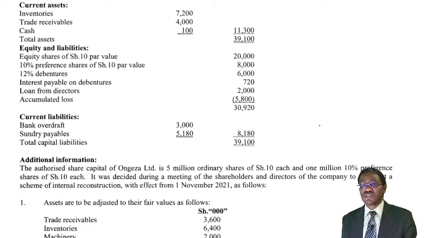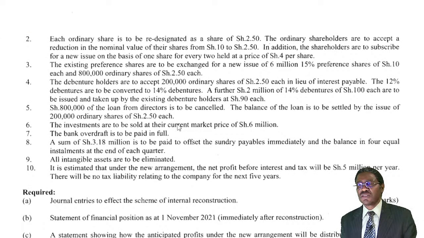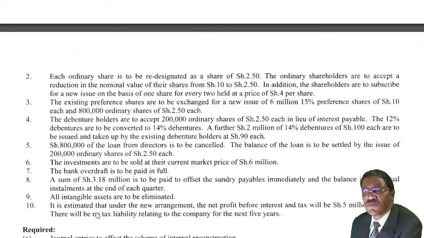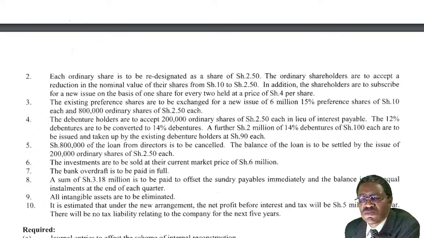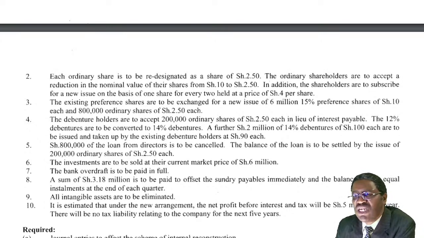Let us see. Let's read that note again. They are saying, number 3, existing preference shares are exchanged with 6 million preference shares of 10 each and 800,000 ordinary shares of 2.5 each.